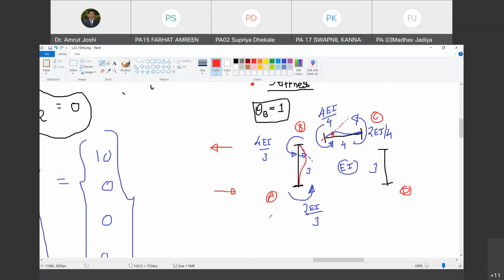Do you agree with me? Yes, sir. How much anti-clockwise moment should they produce? They should produce anti-clockwise moment equal to 4EI by 3 plus 2EI by 3. Happy? Yes. So that is 6EI by 3. So they must produce moment of 6EI by 3. These two are equal and opposite forces separated by distance 3. So they must be 6EI by 3 square.